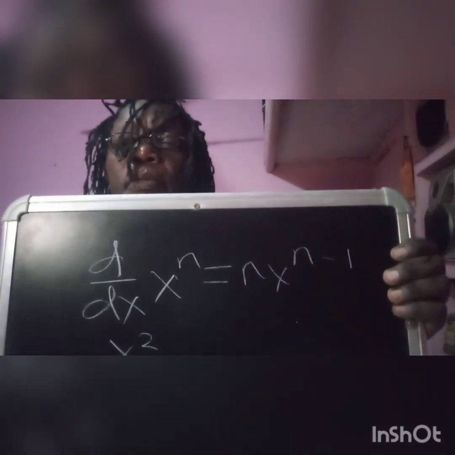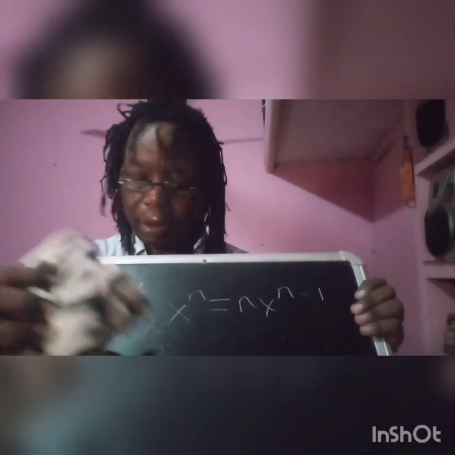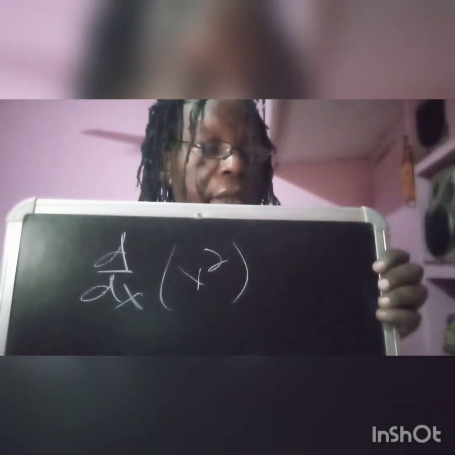I have to clean this, I think you have seen the formula. I have to clean because I need space. So we're going to have d over dx, I write and show you, d over dx, this one. Then we're going to apply it to x squared.